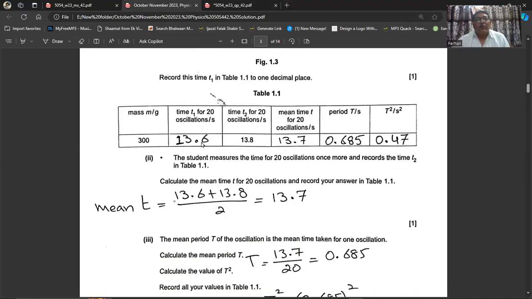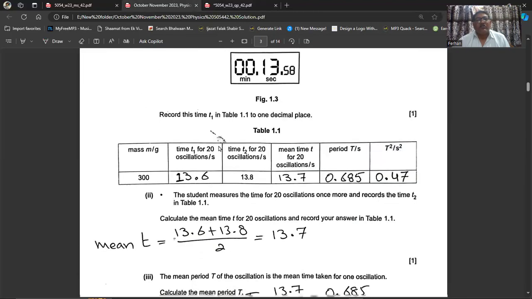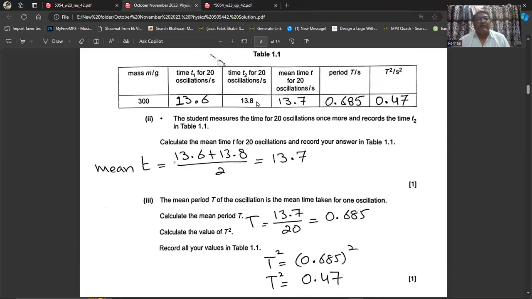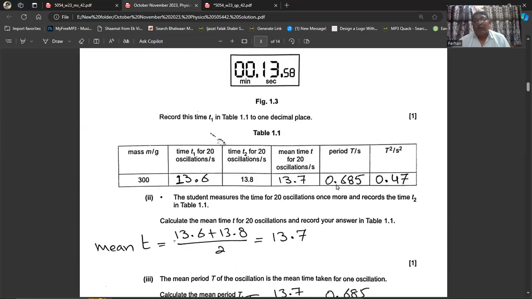So it is 13.6, 13.8. When you add these two and divide by 2, you get 13.7. When you divide 13.7 by 20, you get the time for one oscillation, that is 0.685 seconds.